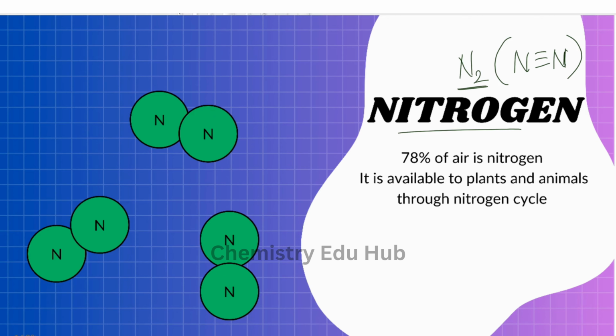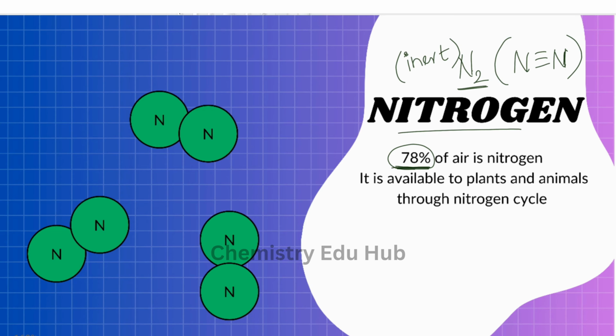So nitrogen is inert, which means it does not react with any other gas in the N2 form. And if we talk about the percentage of nitrogen in the air, if the whole air is 100%, nitrogen alone takes up how much percent?